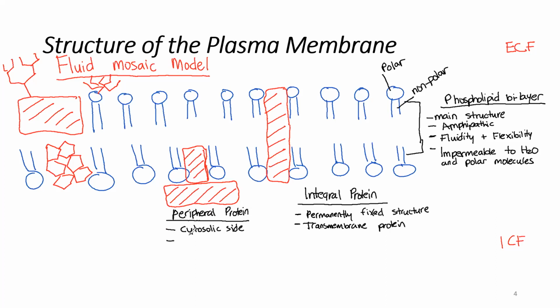It can easily dissociate and move around the plasma membrane and move from one spot to the other. So those are our two types of proteins. We've got integral proteins that are crucial to the structure and function of the membrane, and then peripheral proteins that are temporary proteins. They're on the cytosolic side within the cell, and they can move around easily.